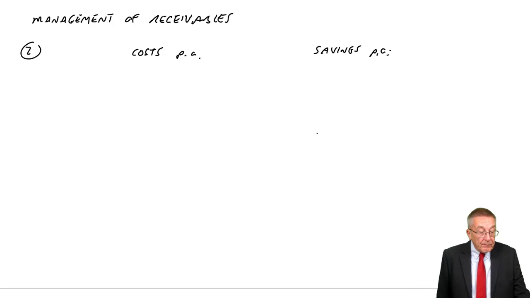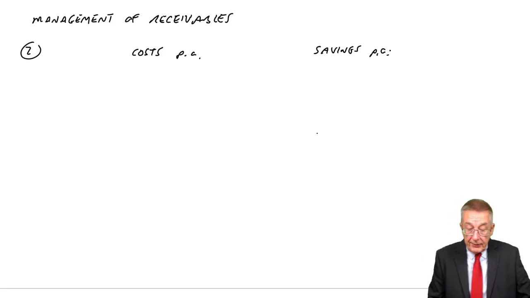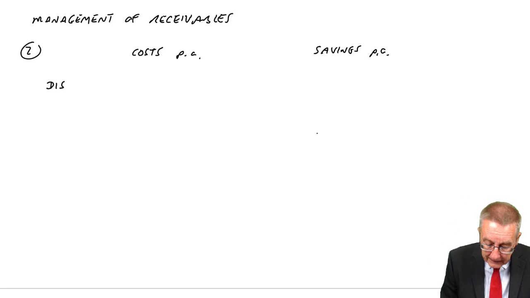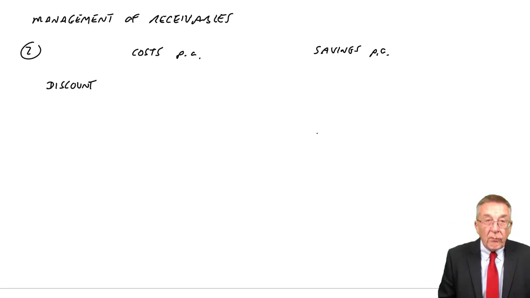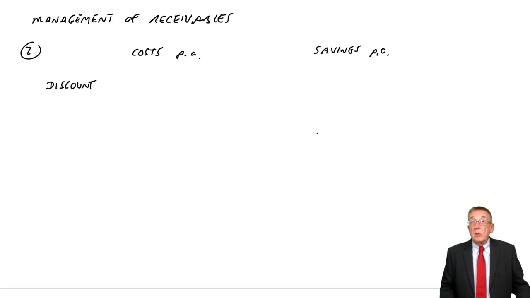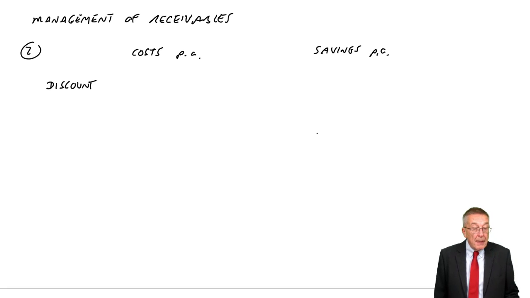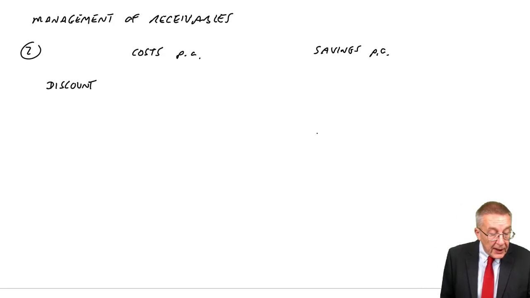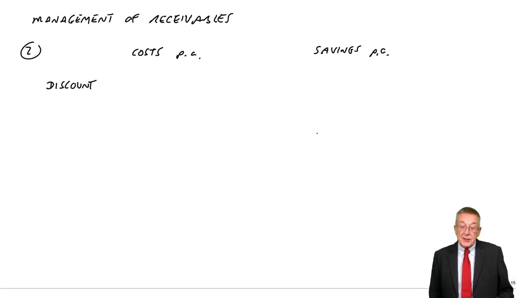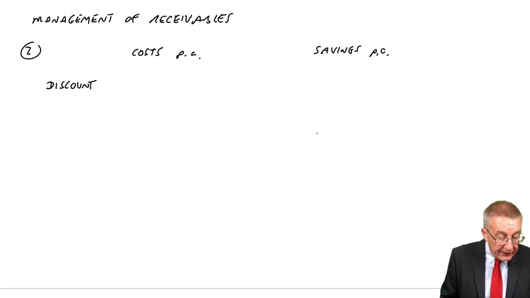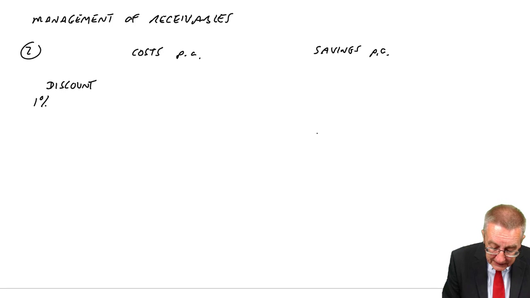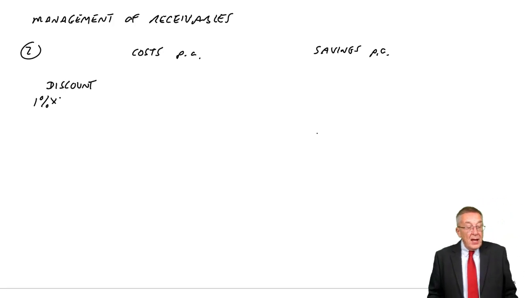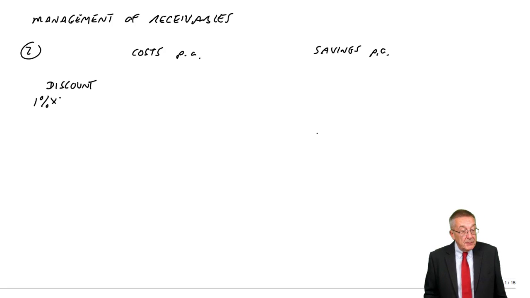What costs are there? The cost is going to be the discount. At the moment, we're getting full payment for our sales of 20 million. In future, some of them will get a discount. It'll cost us money. So how much is it going to be? The discount is 1%. How many customers get the discount?